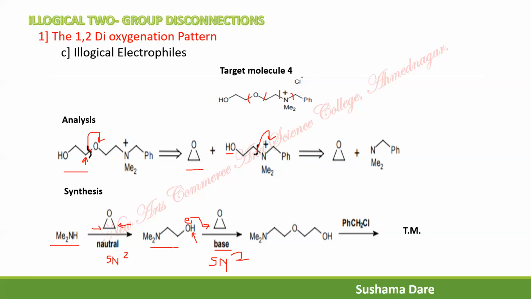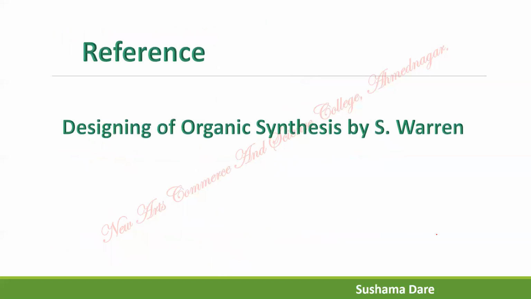So whenever a symmetric epoxide is there, in an SN2 reaction, it is a base catalyzed ring opening reaction. Then after opening of this ring, it gives this product, and at the end on reaction with PhCH2Cl, this nitrogen undergoes a quaternary salt formation and it gives the target molecule.